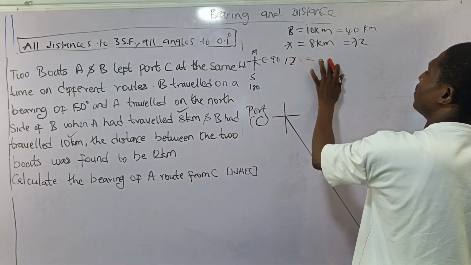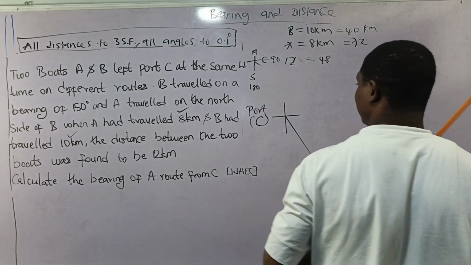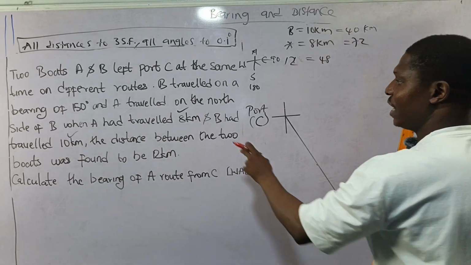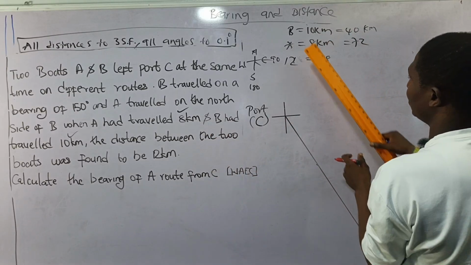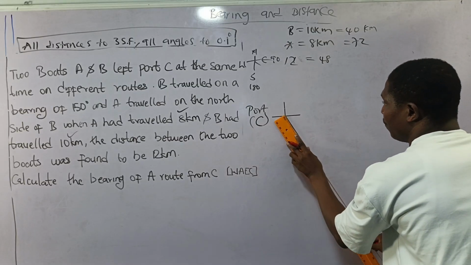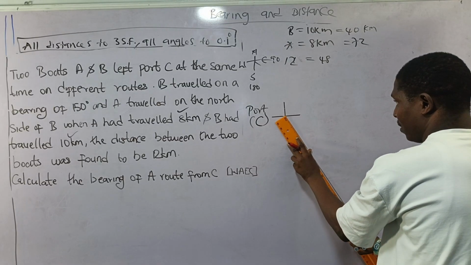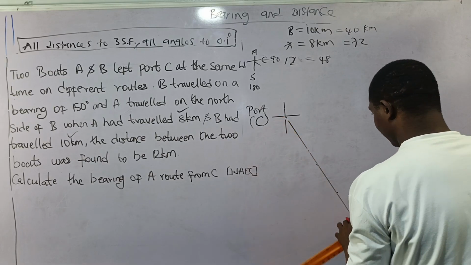If I multiply 12 by 4, I'll have 48. Now, B had traveled 10 kilometers. My 10 kilometers here represent 40 using my centimeter rule. So here's my 40. This is my 40.